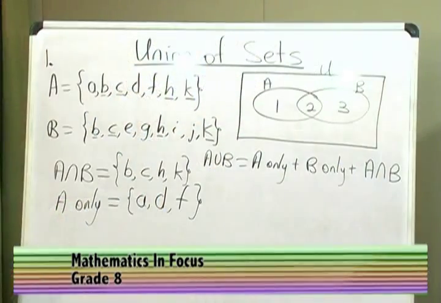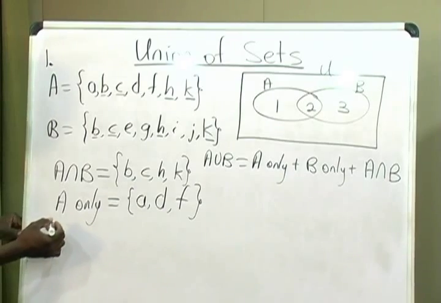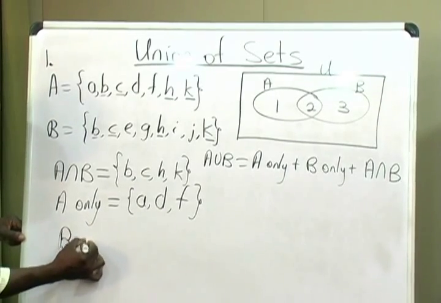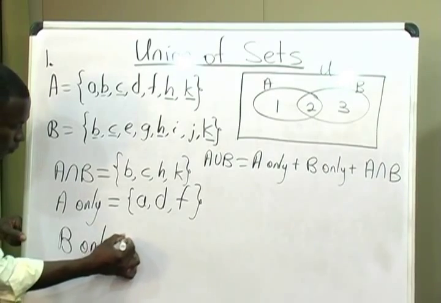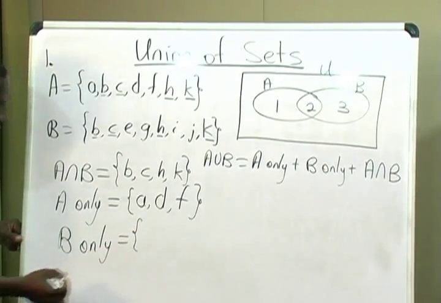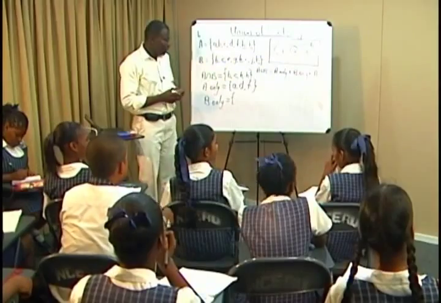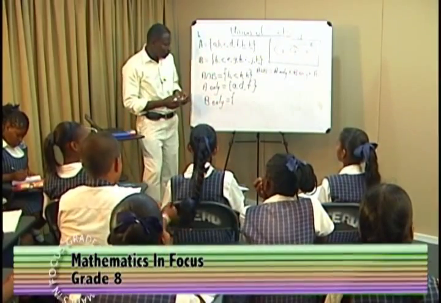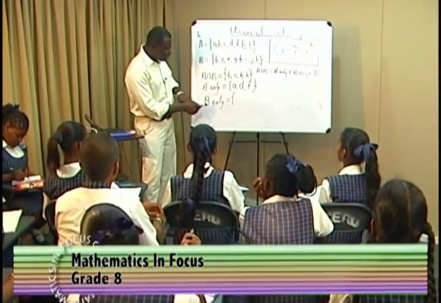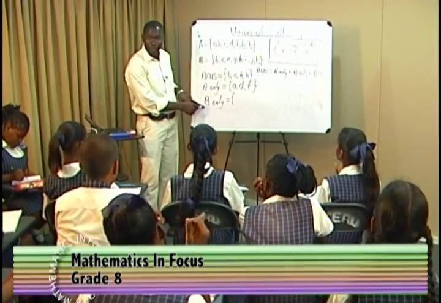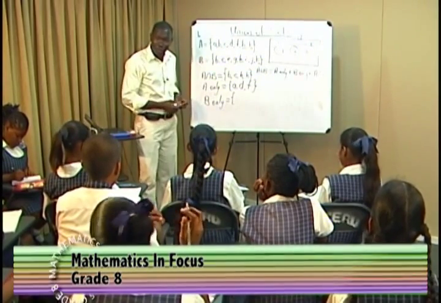Alright? Yes. Good. We need to find what is B only. Alright, let me get a volunteer this time. Yes, Junior. Junior will tell us what are those elements in B after we take out the intersection.